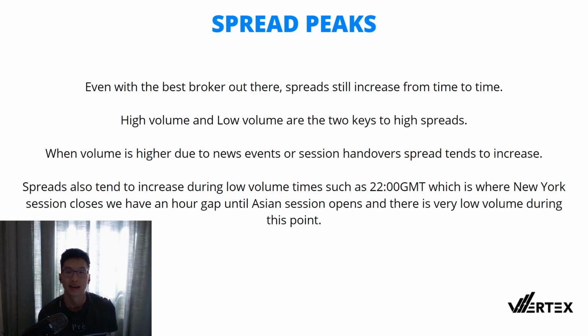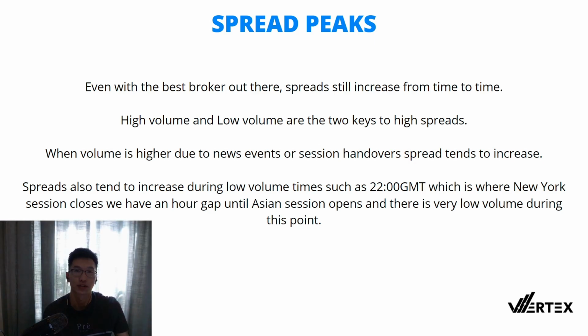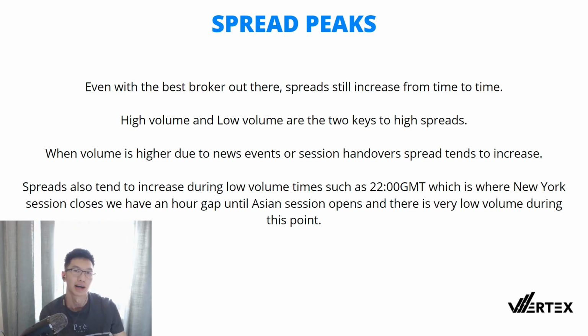This happens at 2200 GMT. So you really want to be trying to revoke your orders. If you've got buy limits, sell stops, buy stops, you want to be taking them out during this spike. Give it an hour or so, and then place your orders afterwards if you're still awake. This is the best way to sort of cover it.